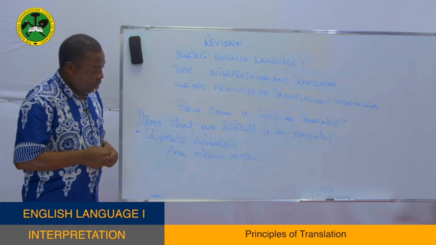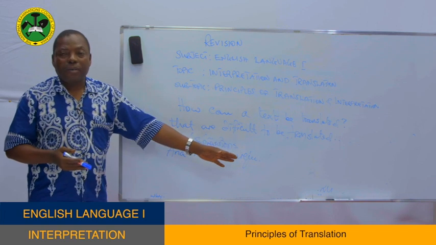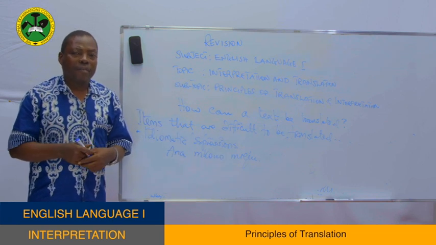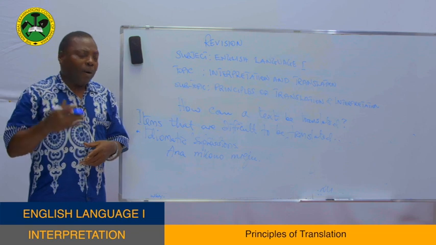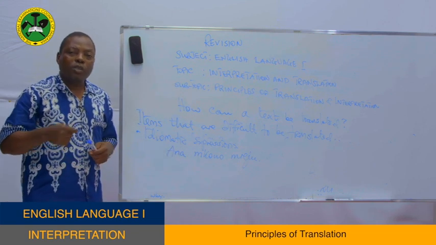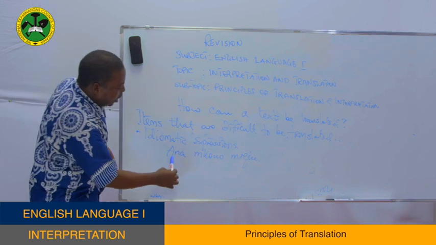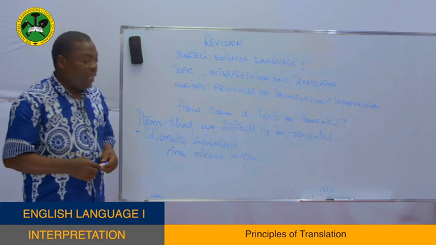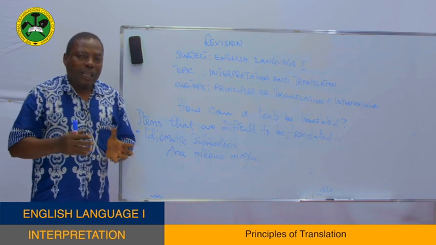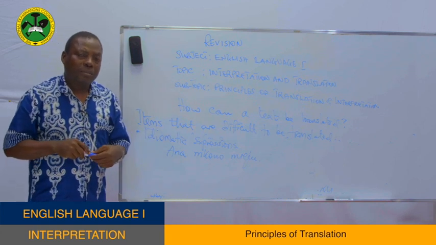Swahili speakers know when you say so and so ana mkono mrefu, it simply means they talk about a person being a thief. But think about, if you have been given this expression and someone asks you to transform it in English, if you try to look at these individual words and think about how to make them in English, then whatever meaning you get will of course be distorted.